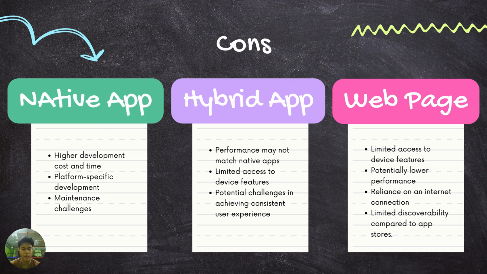It is also limited discoverability compared to the App Store. To explain this, if we want to search for a web page, we need to put in the specific link, or if we search the name, it might show a lot of other web pages that have the same name as the web page that we are trying to find.